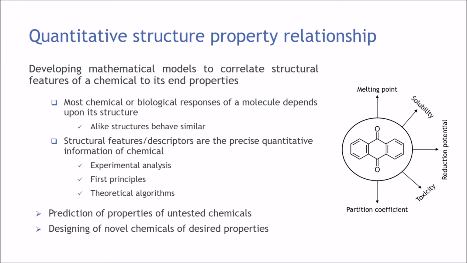So what are the applications of QSPR study? Using QSPRs, we can predict the properties of untested compounds, like solubility, in less time without conducting any experiments. We can also design novel compounds for a desired task through an optimization approach using QSPRs.